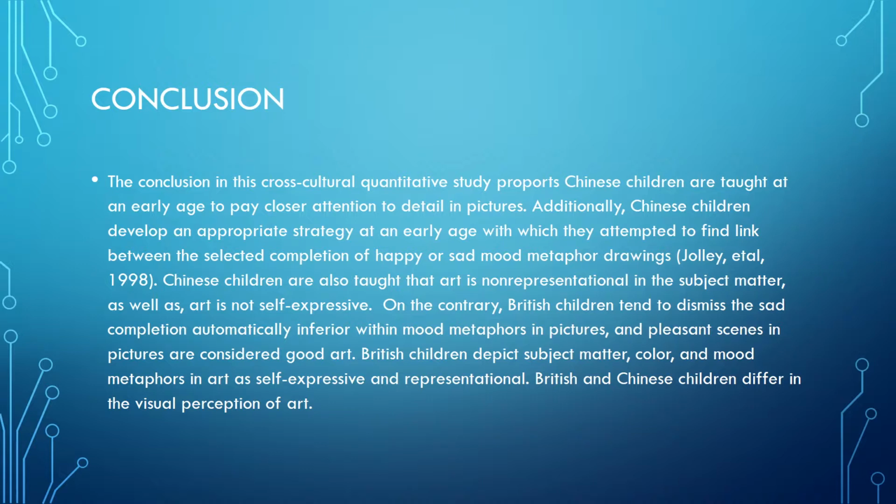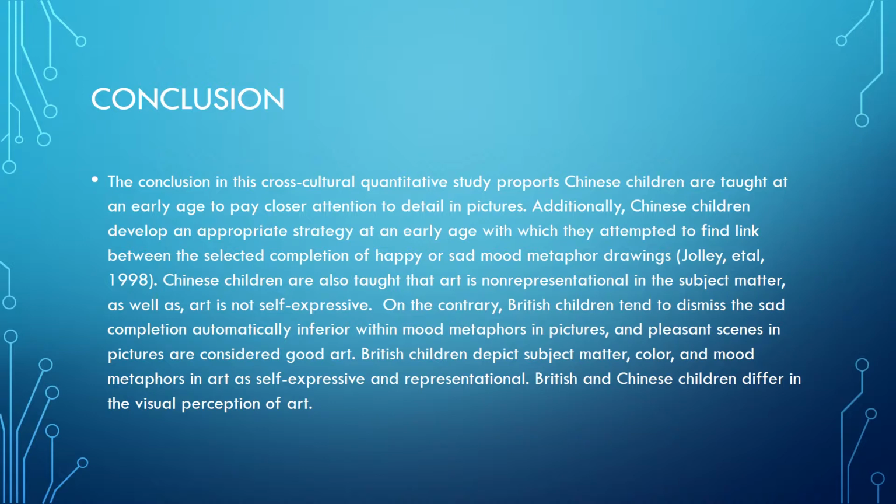Chinese children are also taught that art is non-representational in the subject matter as well as that art is not self-expressive. On the contrary, British children tend to dismiss the sad completion as automatically inferior with mood metaphors in pictures.